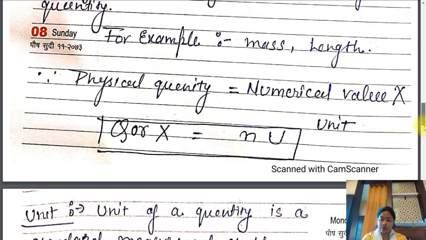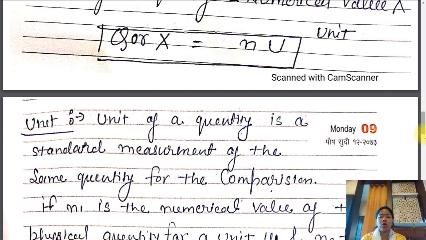Then, after that, we will talk about what a unit is. As you all know, to define any quantity, a particular standard measurement is used to express the same type of quantity. That standard measurement is defined as the unit of that physical quantity.